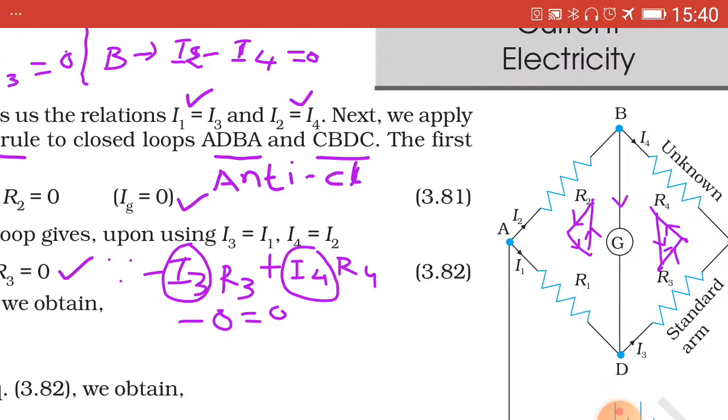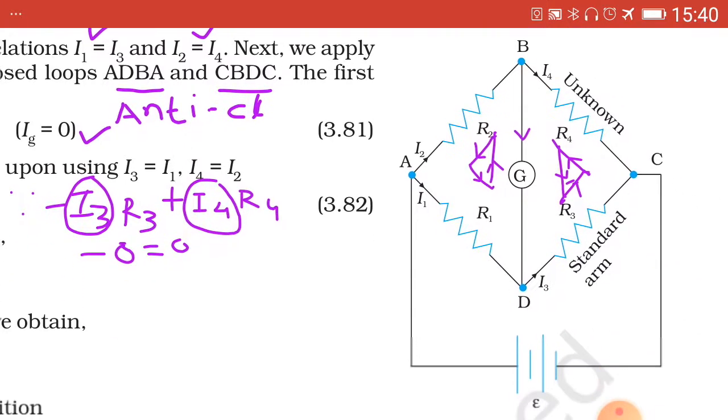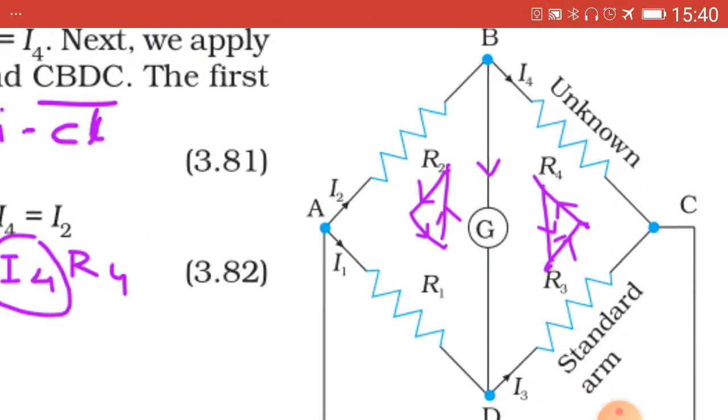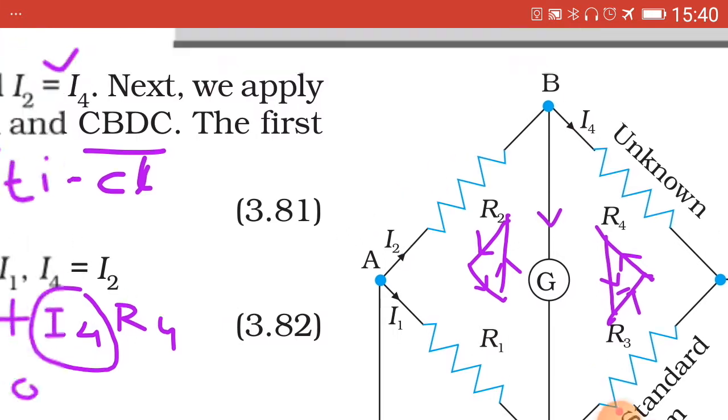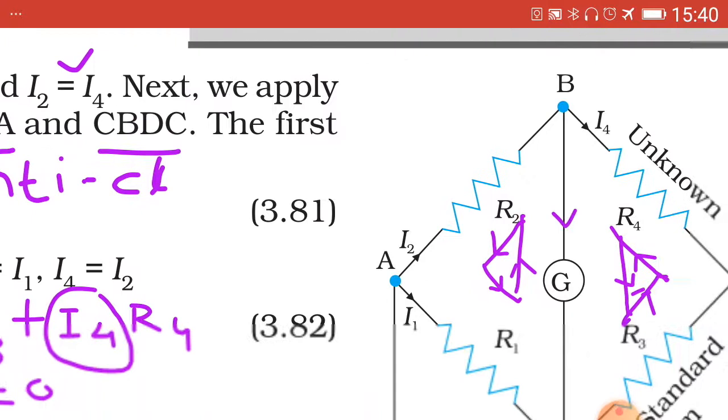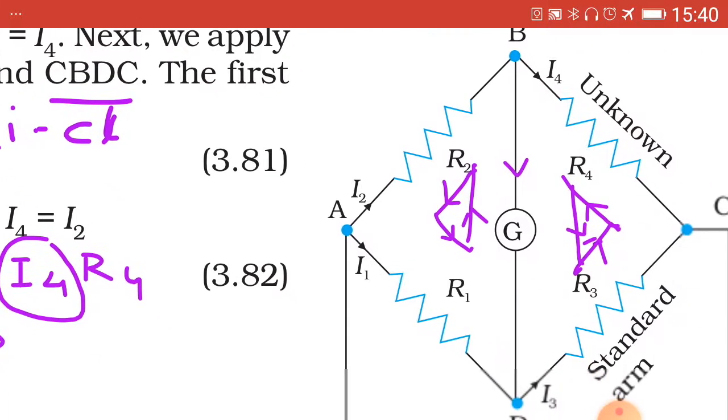Similarly, at point B, we have two currents, I4 and I2. I2 is coming towards the junction, so it is taken positive, and I4 is going away from junction B, therefore a minus sign is considered.